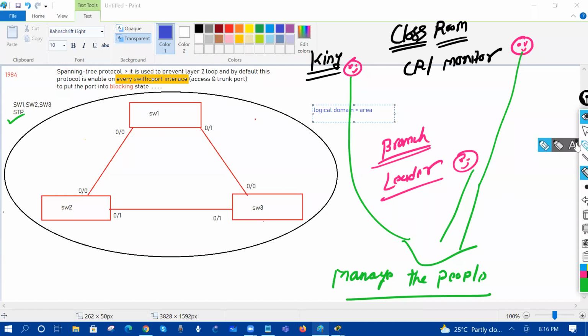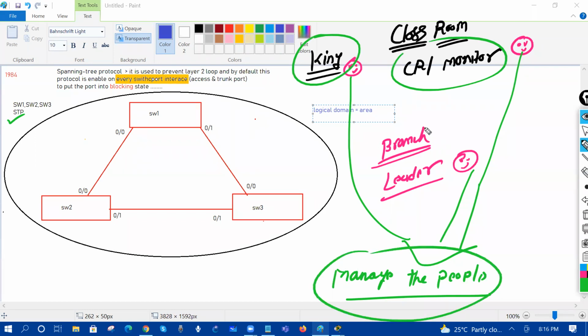How do you elect the king? How do you elect the CR or monitor? And how do you elect the leader in a company, who has great knowledge? You can declare, okay, you have the great knowledge, you will be a king, you will be a superstar. Same thing, guys.